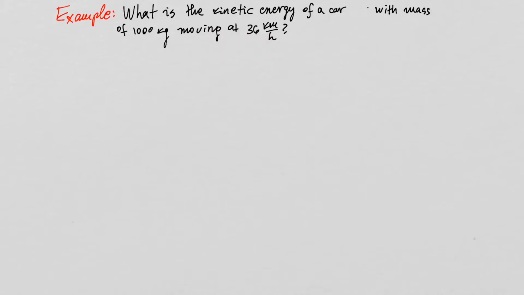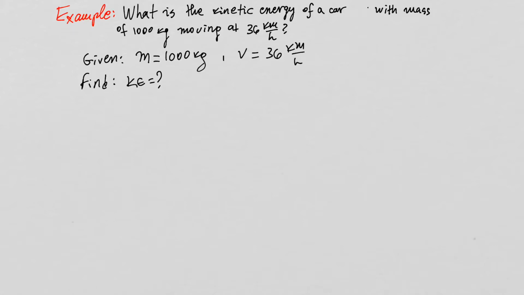So let's see what we know here. We know the mass of the car, which is 1,000 kilograms, and we know the velocity, which is 36 kilometers per hour. And what we want to find is the kinetic energy of this moving car.